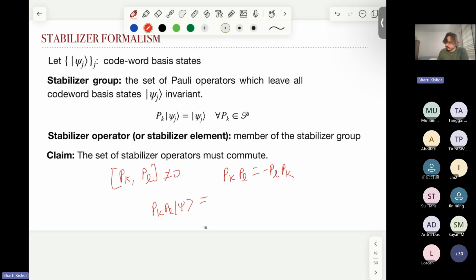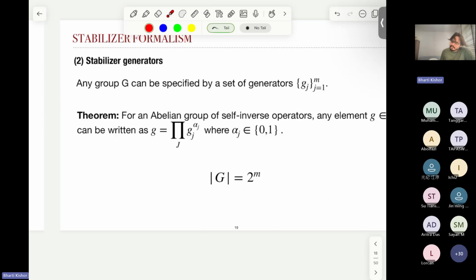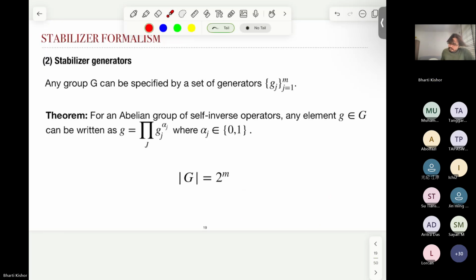That equals P_L P_K psi, because P_K is a stabilizer, which equals psi. But this is also equal to minus P_L P_K psi, which equals minus psi. So you get psi equal to minus psi if the stabilizer operators don't commute. So they must commute: the elements of the stabilizer group commute with each other.